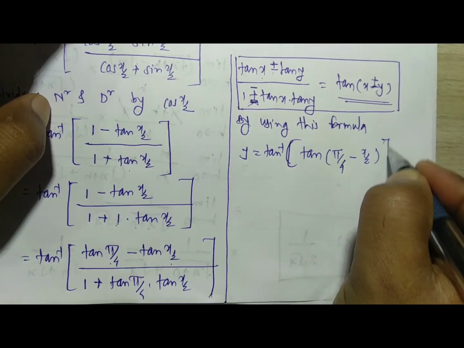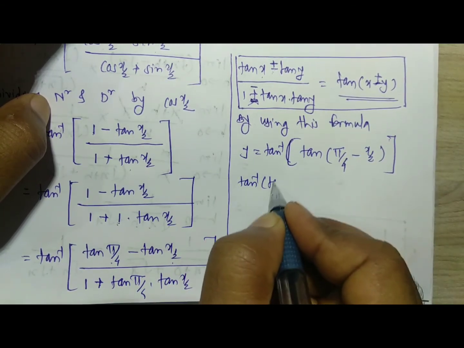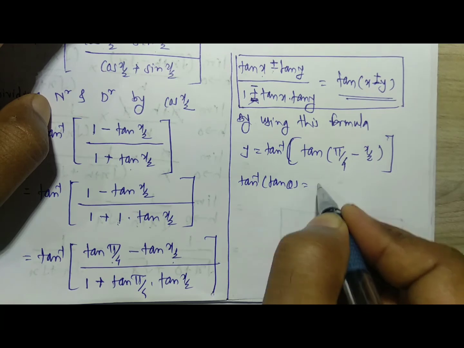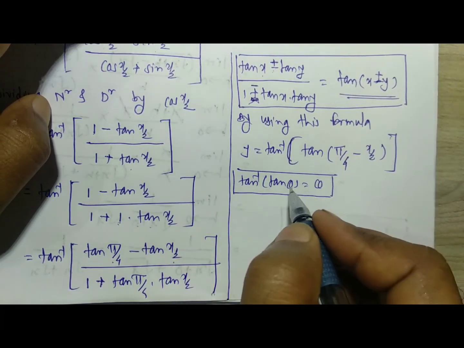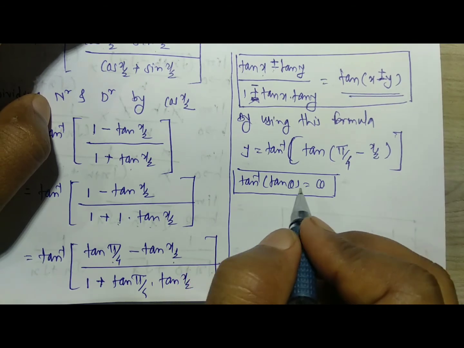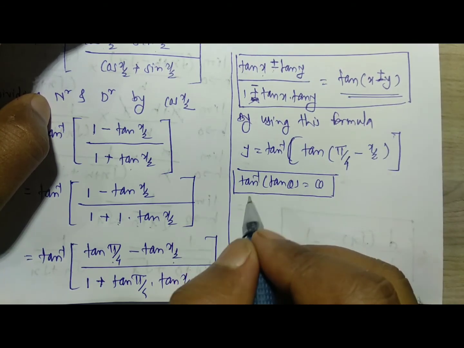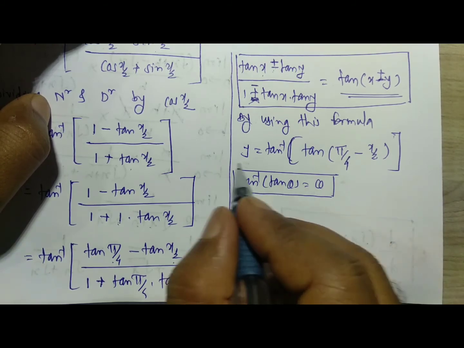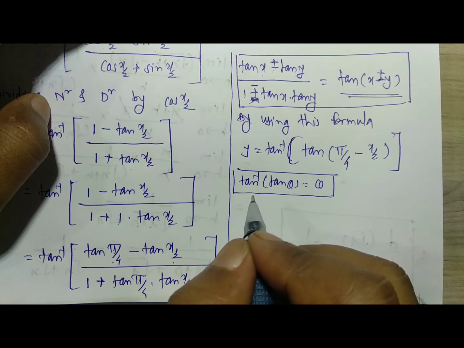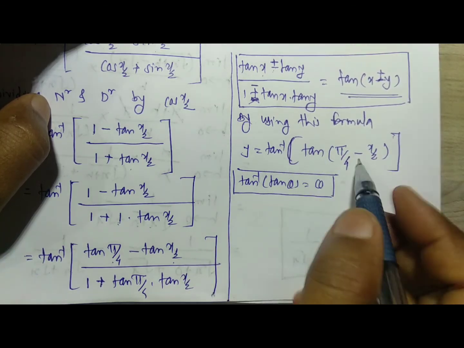And we know another formula, tan inverse tan theta is equal to theta, and we have derived it in previous lectures: tan inverse tan x is equal to x. By using that formula, tan inverse and tan cancel each other.